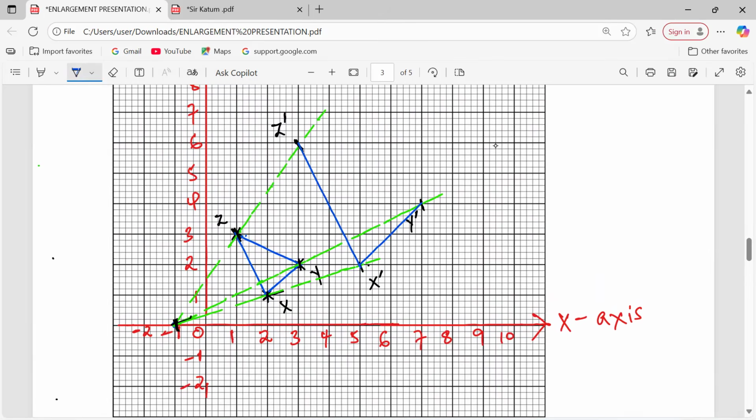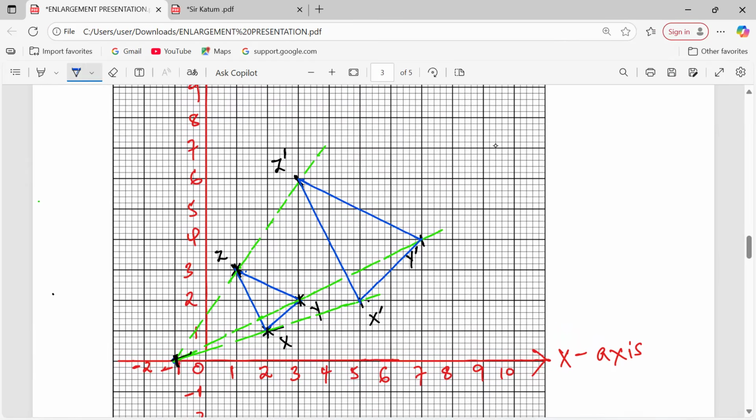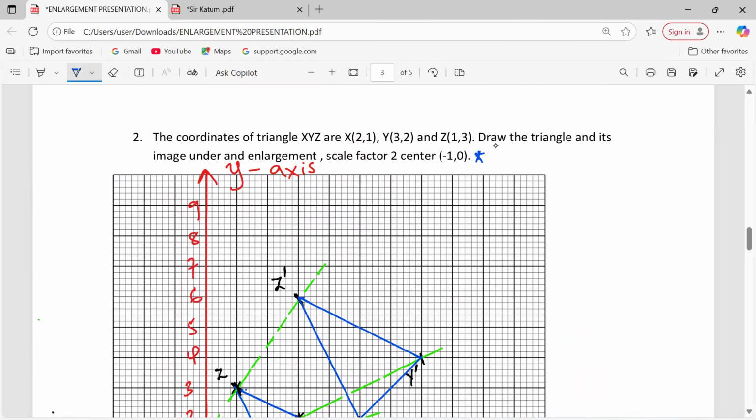See that? Then finally, to point Z. That way, you can see the triangle has been enlarged. Positive scale factor of enlargement, center (-1, 0). That is it.